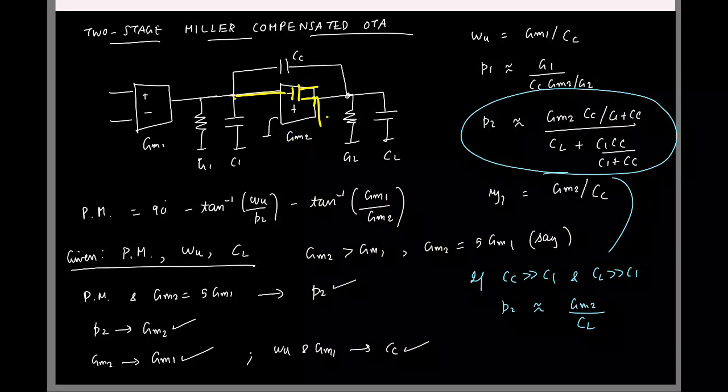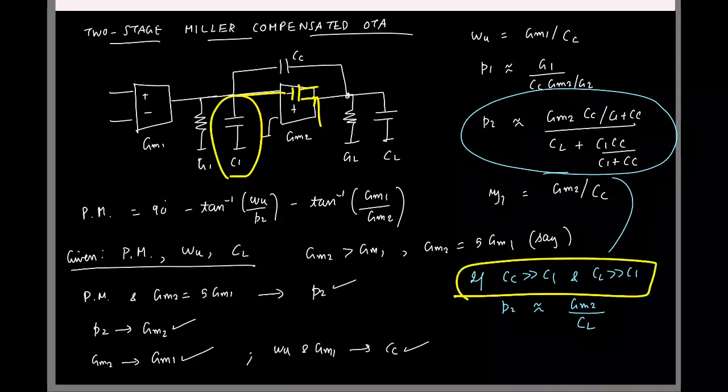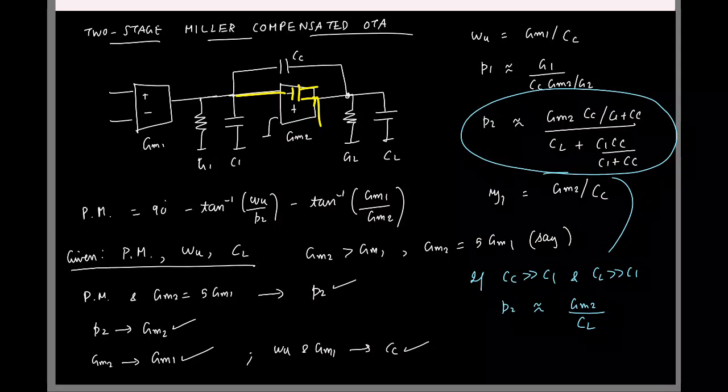I am increasing the width of the transistor, so the gate capacitance will increase, and C1 is basically the effective capacitance at that node. That could increase. So you should make sure this assumption is still valid. We ignored C1 in comparison to CC and CL. The point I am making is you can't arbitrarily increase the sizes of this transistor, because beyond some point it will increase C1 and this assumption need not be valid. Okay, let's stop here.